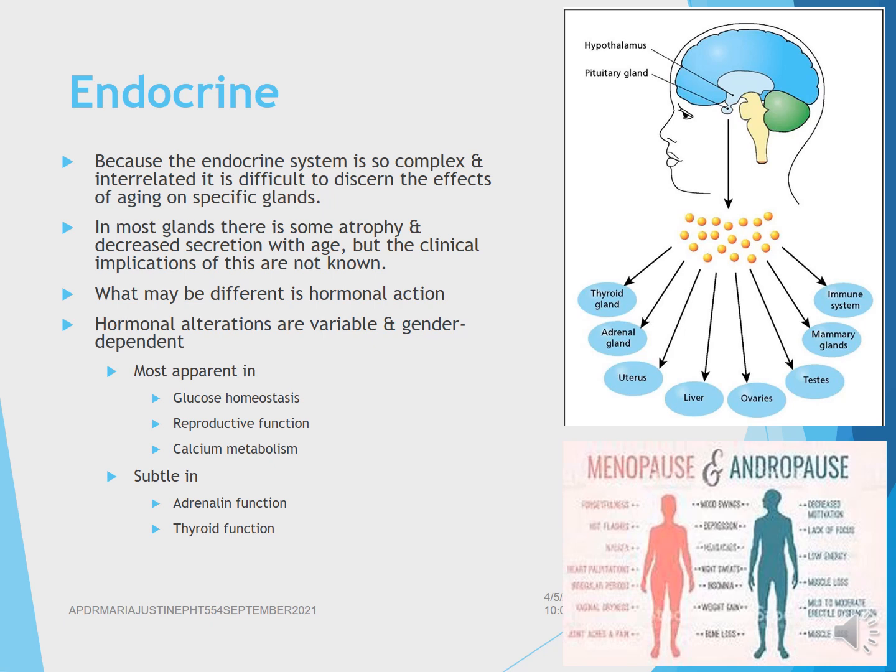And this is actually, especially in women, affected by age. These are important functions of the hormones: glucose homeostasis, the reproductive functions, calcium metabolism, and those found in the hormones produced in the thyroid and the adrenal.